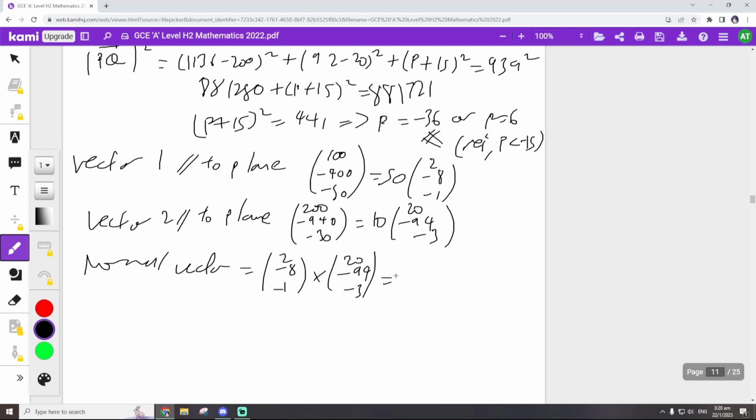Okay. So cross 24, 94. Okay. Minus 70. 20. Okay. 14. Negative 14. And negative 188 and 160, so negative 28, okay, which is minus 14, 512.